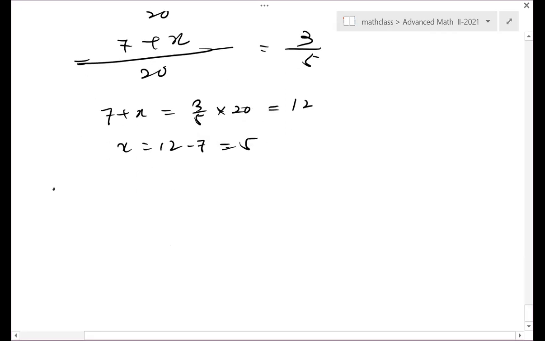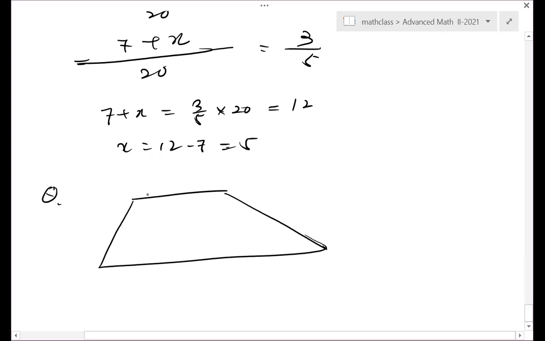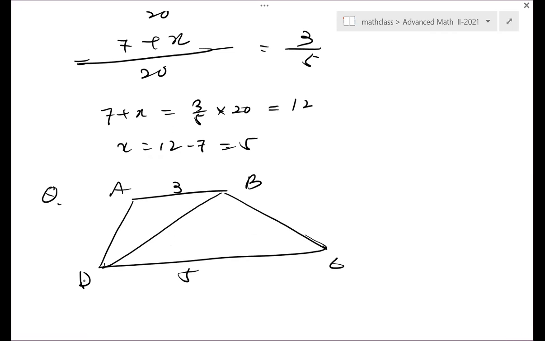For the trapezoid, if this side is given as 3, this side is 5, then draw the line here. So A, B, C, D. What is not given is the height.